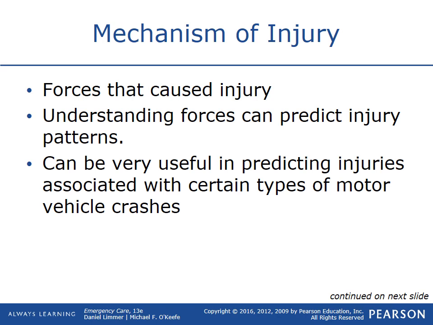You can suspect that somebody that's hit with a baseball bat in the abdomen might potentially have some bleeding going on. If they stepped in a hole and twisted, they might have a broken or twisted ankle. So the injury patterns can be very useful in predicting injuries associated with certain types of accidents, and especially when it comes to motor vehicle collisions.